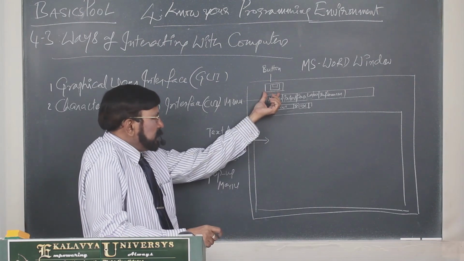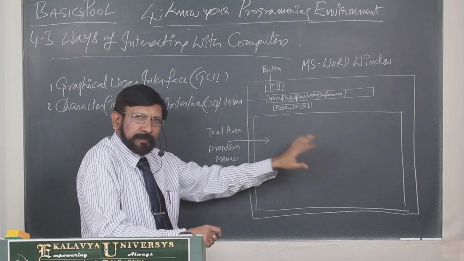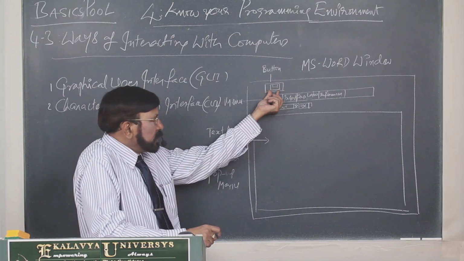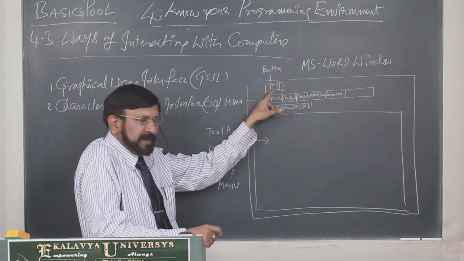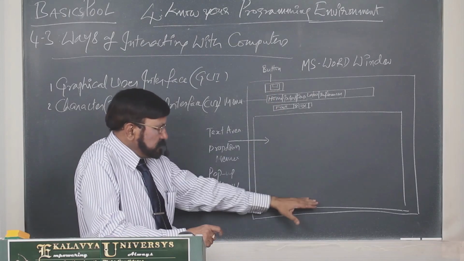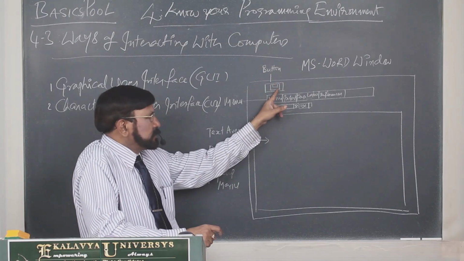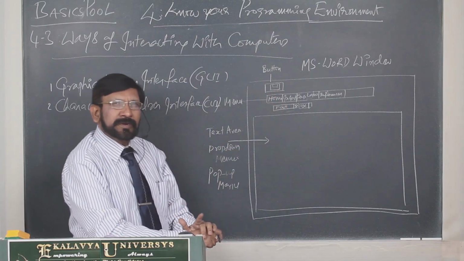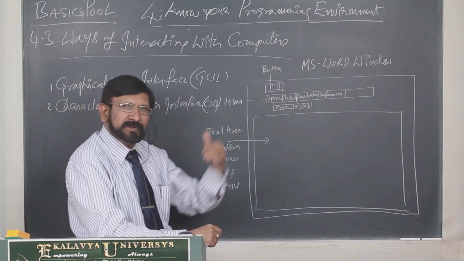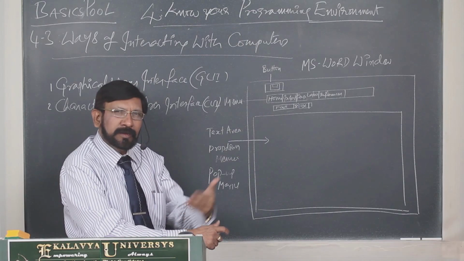Take this button for saving the data, whatever data you type. Here you can find the corresponding icon, that is a floppy disk. Once you type the matter in this text area, if you press the button, whatever data you typed is saved. Saved means it is transferred to the hard disk, and whenever you want, you can retrieve it.